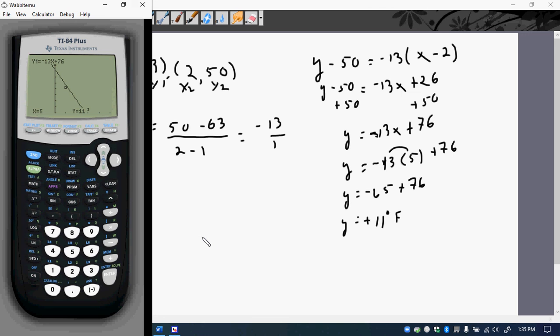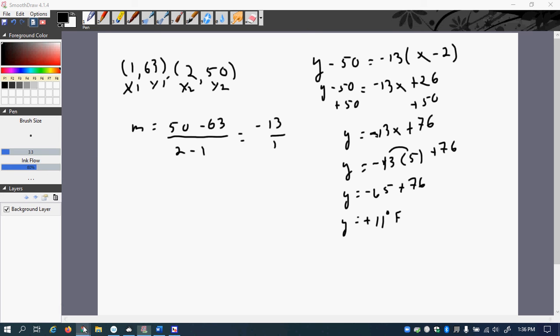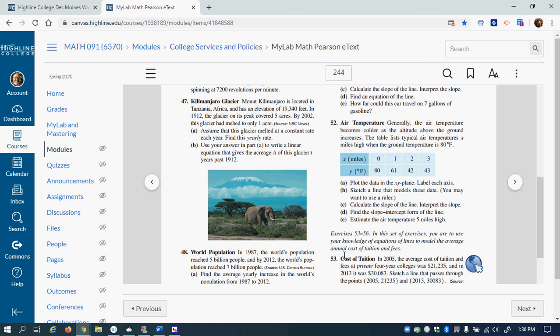Okay, so 11 is what's working. So this is relating back to that problem, saying that gradually the air temperature becomes colder as the altitude above the ground increases. So the table lists the typical air temperatures. So predicting at 5 miles, then I'm looking at about 11.